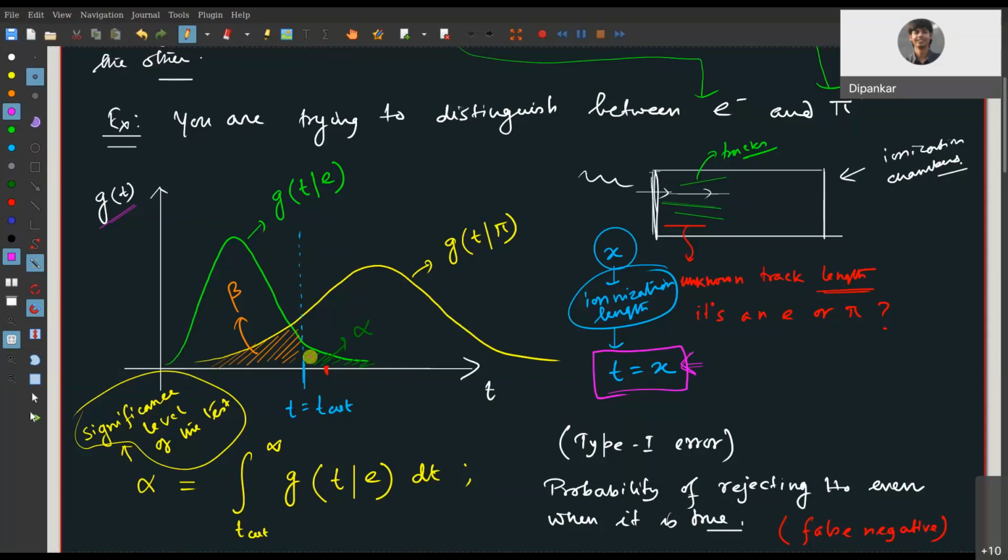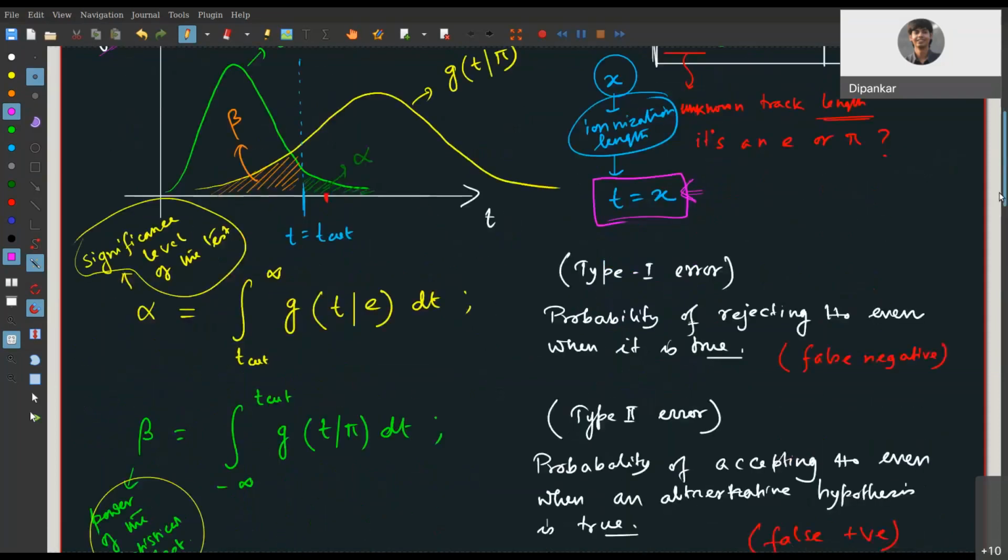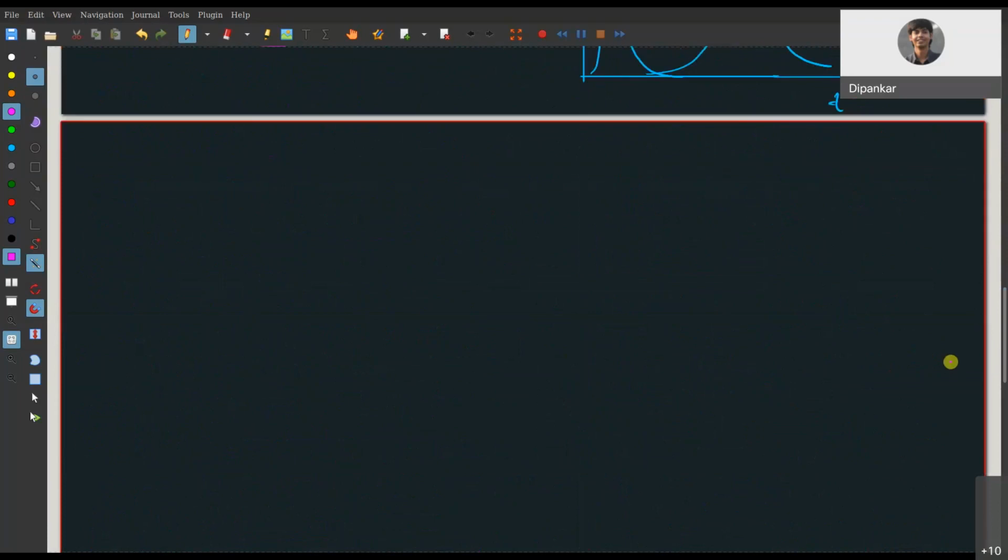The choice of t cut will depend on what kind of things you are looking at, and what your priorities are. For example, you can define the efficiency of selection. You can define the selection efficiencies.